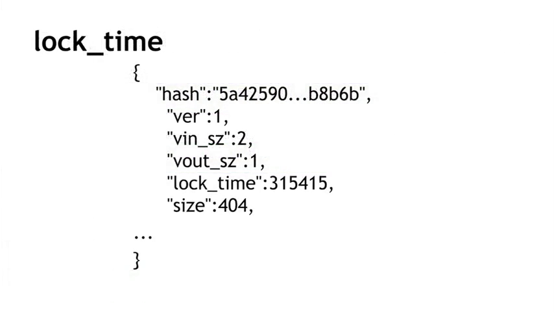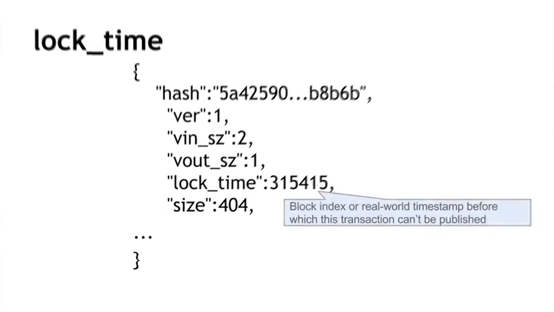Well, you'll remember when we looked at the metadata in Bitcoin transactions that there was this lock time parameter, which I had left unexplained. It's quite simple, actually. If you specify any value other than 0 for the lock time, that tells miners, don't publish this transaction until this point in time.